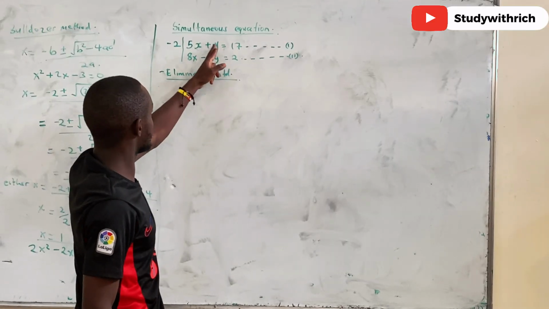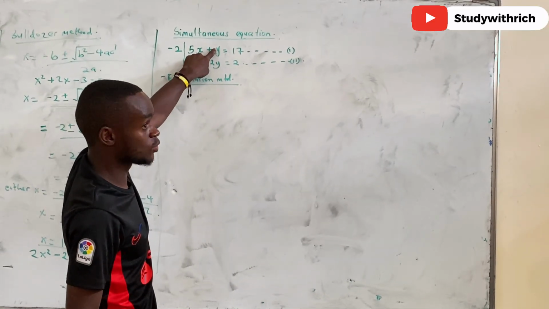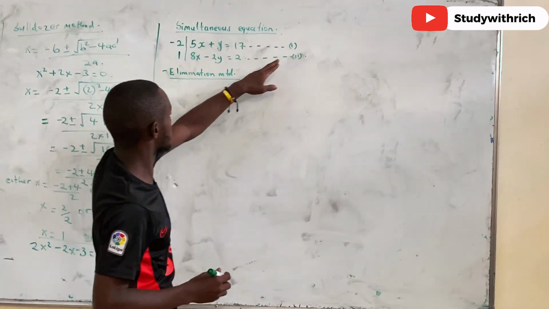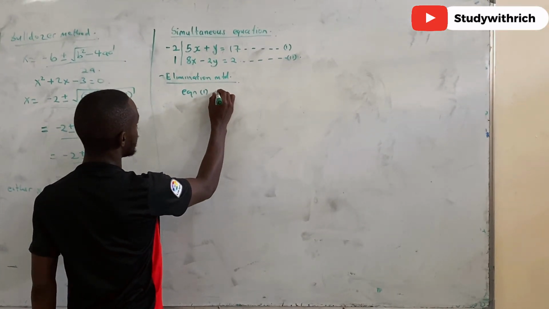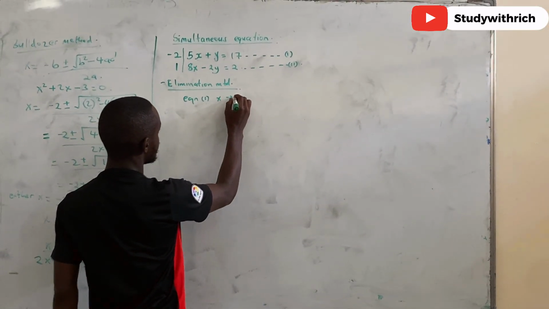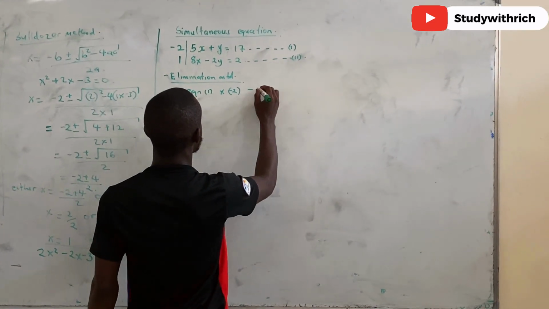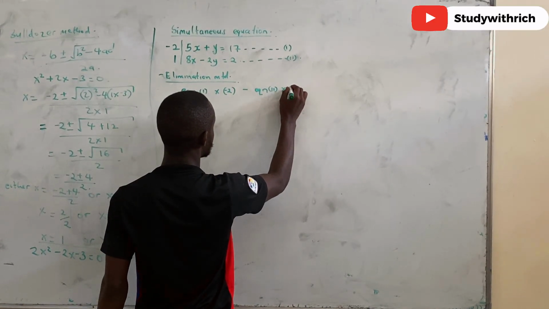And then here I'm going to put the coefficient that is on this y, which is 1. So equation 1 times -2 minus equation 2 times 1.